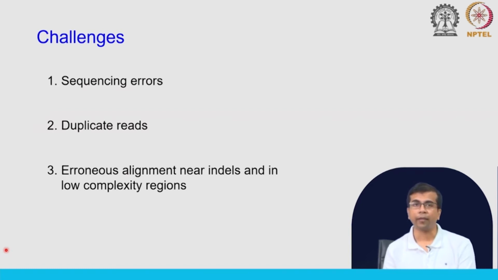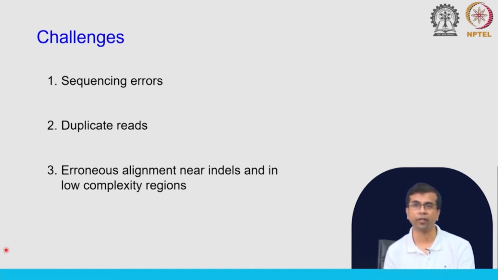Then you also have something called erroneous alignment. When you are doing this mapping, the mapping tool is not perfect, and it sometimes makes mistakes, especially if the alignment is disturbed when indels are present, or if you are in low complexity regions. We have talked about what these low complexity regions are.